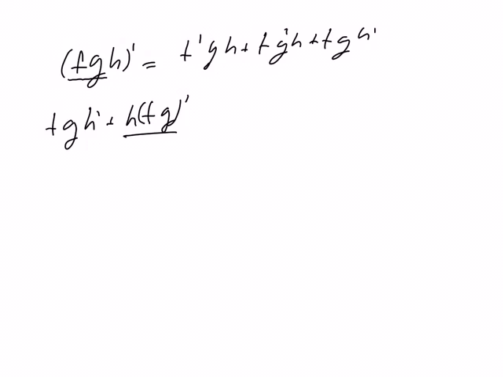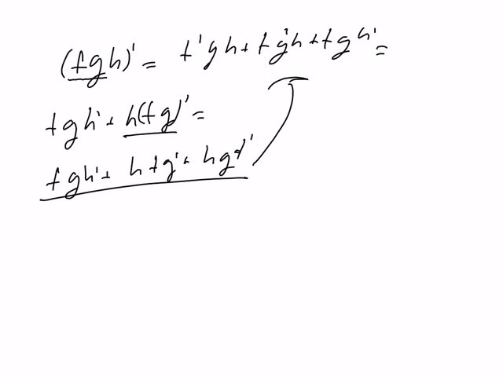By the product rule, this is fg h prime plus h times (f g prime plus g f prime), and there we have it. This and that are the same exact thing. We just move around the functions a little, and we're multiplying them, so we can do that.